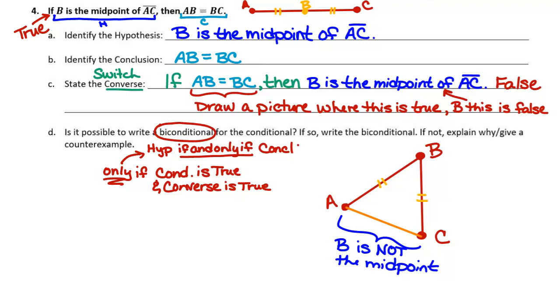Remember, a counterexample means I need to come up with something that makes the first part true, but the second part is not true. And the only way to make that happen on this particular converse is to draw where AB and BC are not all collinear. A, B, and C are not all collinear.